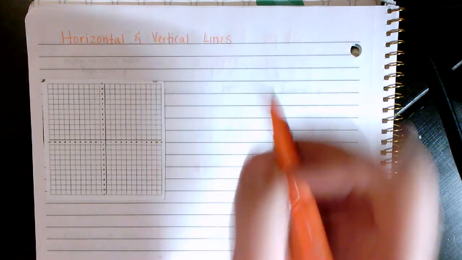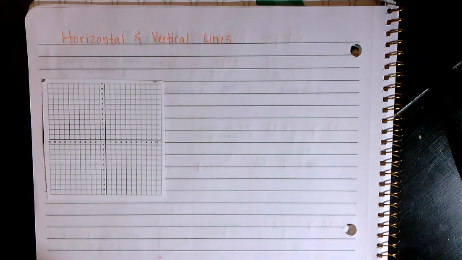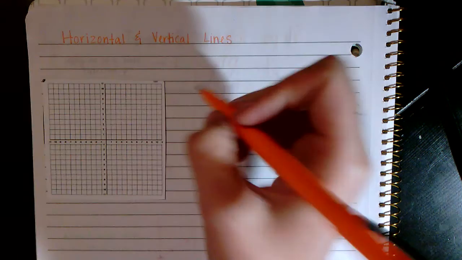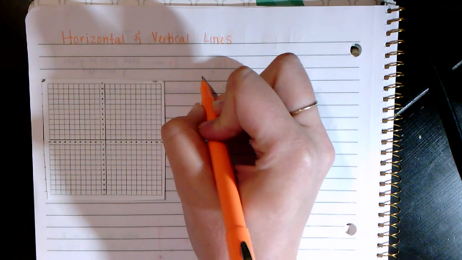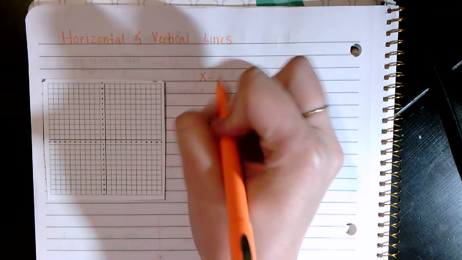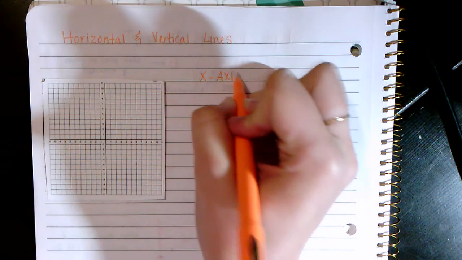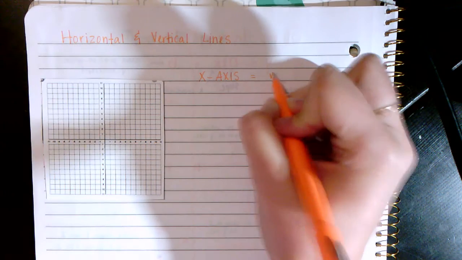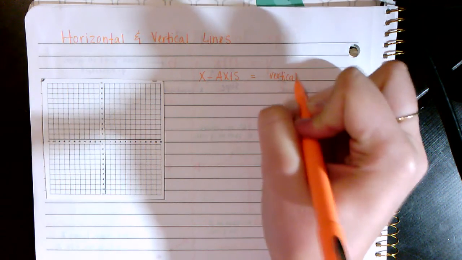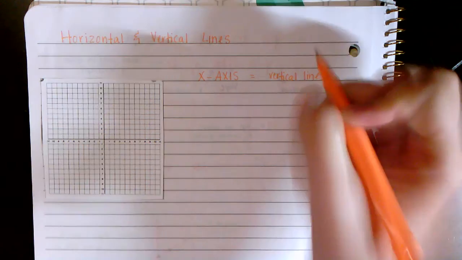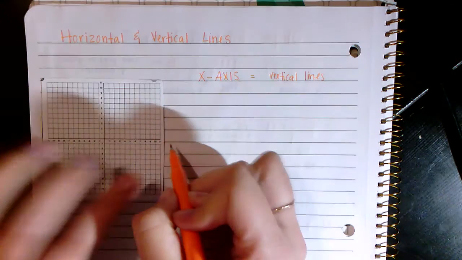So for vertical lines, those are going to be the x-axis. So up top, I want you to write x-axis, vertical lines.